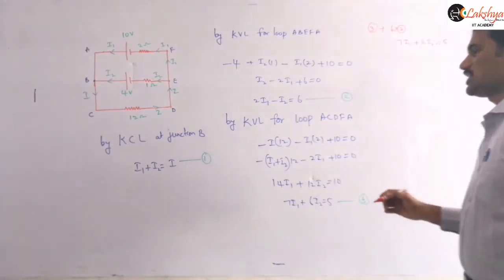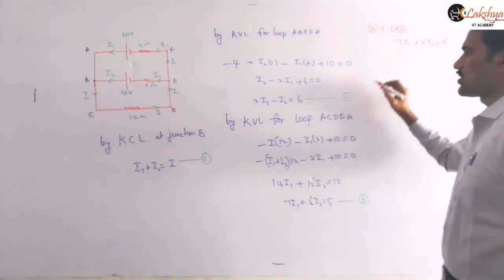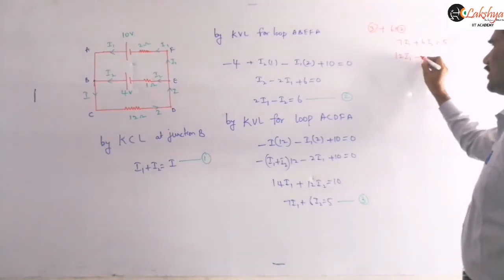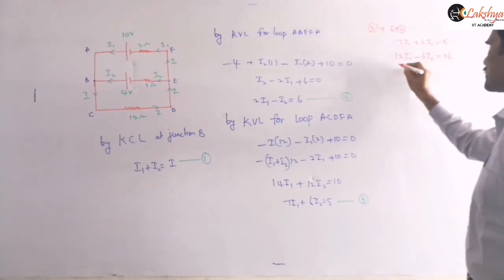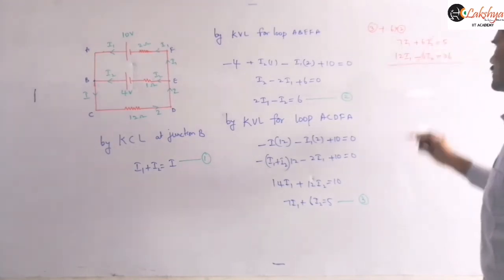And now this equation, we are multiplying with 6, so I can write this as 12I1 minus 6I2 is equal to 36. Now let us add those two equations. Then this term will be cancelled here.